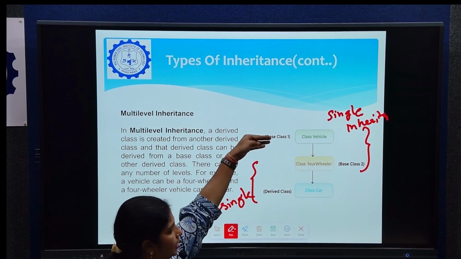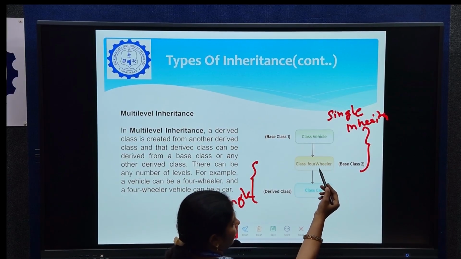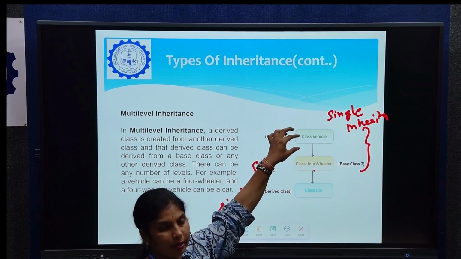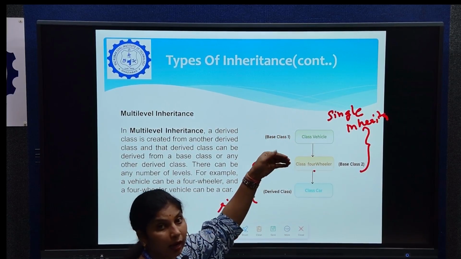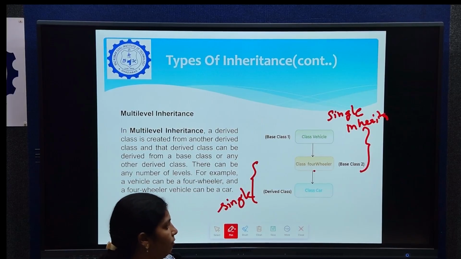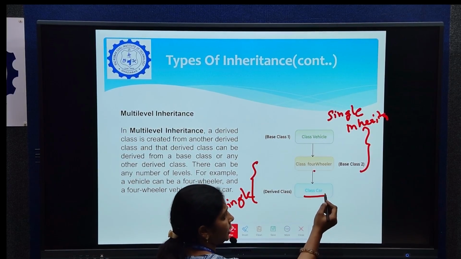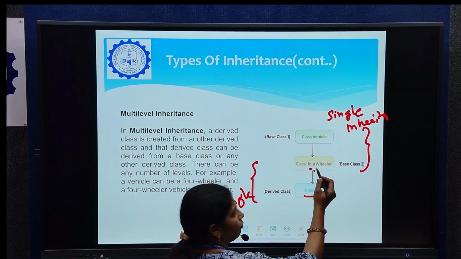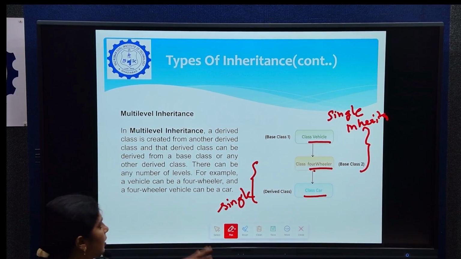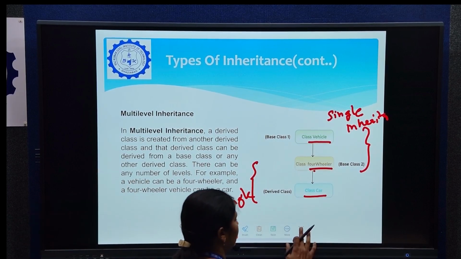A base class is there, and one derived class is inheriting the properties of the base class, and that derived class becomes the base class for the next derived class. We can say in this way that this is one of the derived classes, the car class. The car class is inheriting the properties of the four-wheeler class. The four-wheeler is inheriting the properties of the vehicle class. This is the main concept of multi-level inheritance.